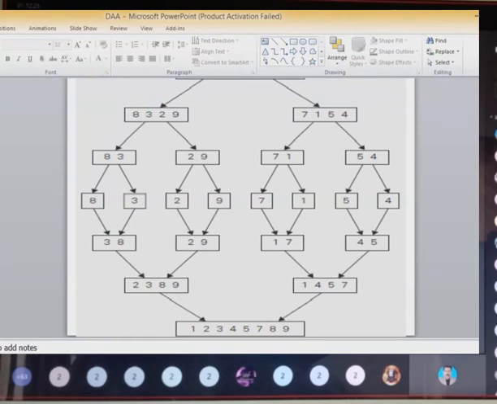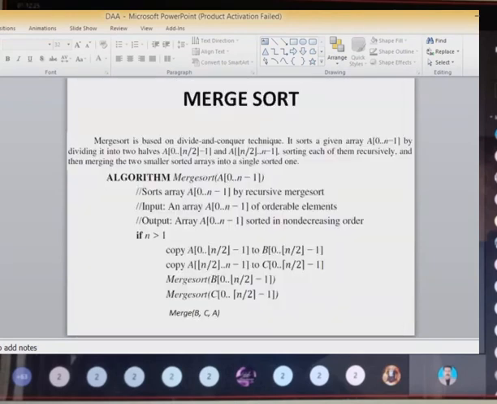Okay, next are the two algorithms in merge sort. Merge sort is based on the divide and conquer technique, so we have two pseudocodes. The first pseudocode is to divide, another one is to combine. Initially, the keyword algorithm.